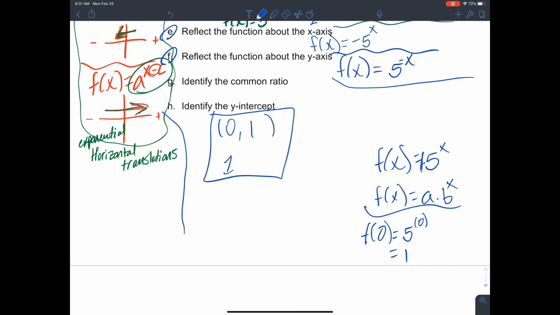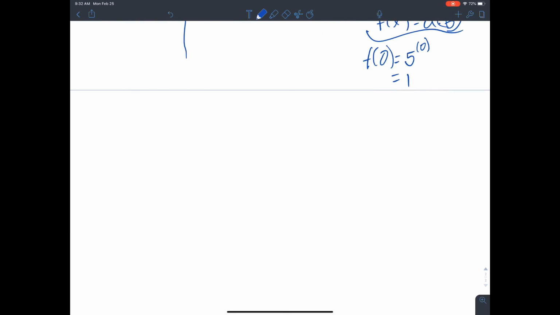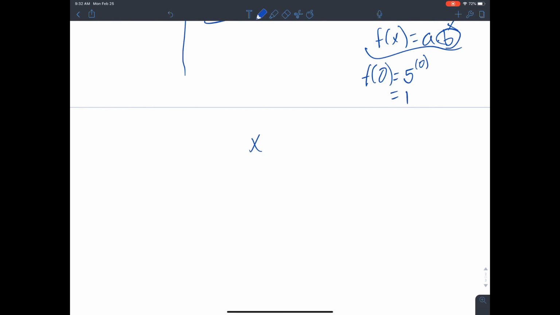Last one, common ratio is always b. Is always the term with the x, with the exponential. So in this case, our common ratio is 5. Okay? And again, just in case you forgot, common ratio is what the graph is growing by. Well, we know that when x is 0, that's 1.